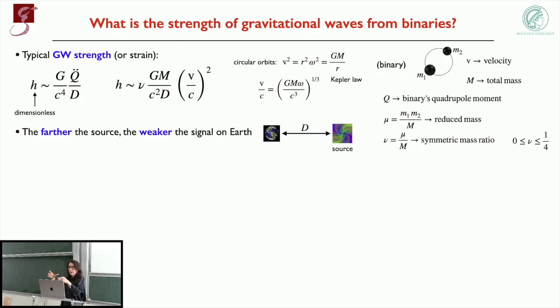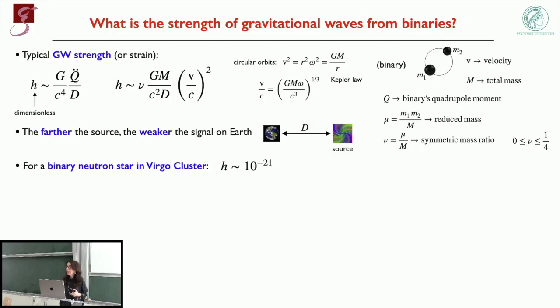And now if you have a binary where the two objects move on a circular orbit, you can write at leading order that the second derivative of the quadrupole can be written in terms of the relative velocity, like v over c to the power 2. And there is this dependence on the mass of the binary, the Newton constant, the speed of light.